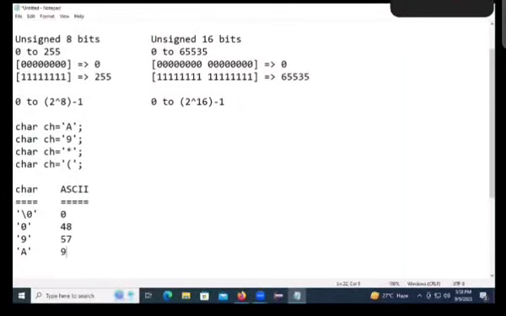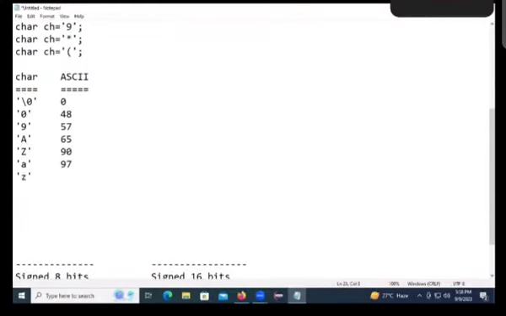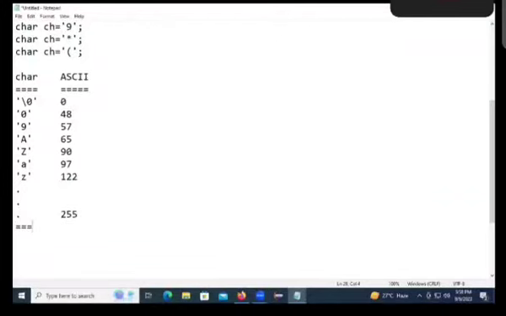Capital A, ASCII value is 65. Capital Z, ASCII value is 90. Small a is 97, small z is 122. Like this, we have 256. Then how many characters are there? They start with 0 and end with 255. So 0 to 255 are the ASCII values.